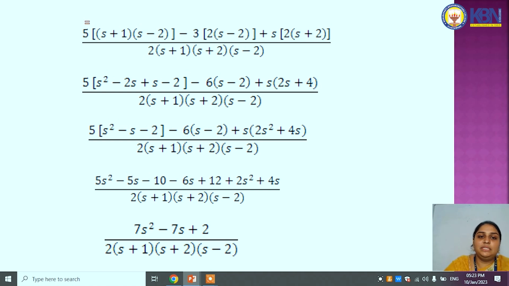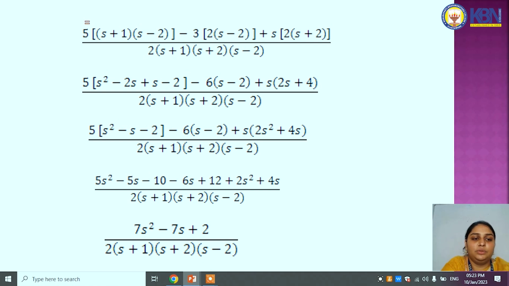The second term is minus 3 into 2 into s minus 2, that is 3 twos are 6, into s minus 2. And the next term is s into 2 into s plus 2, that is s into 2s plus 2 into 2, that is 4. Now again simplify that expression. The denominator remains the same.